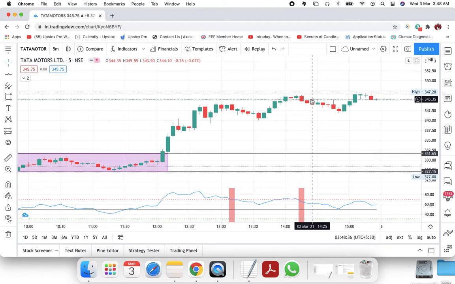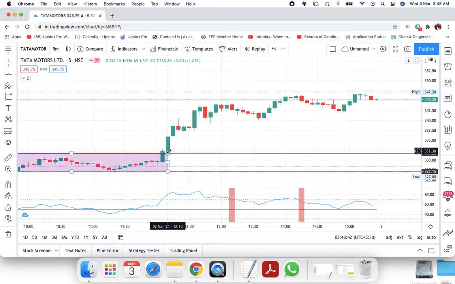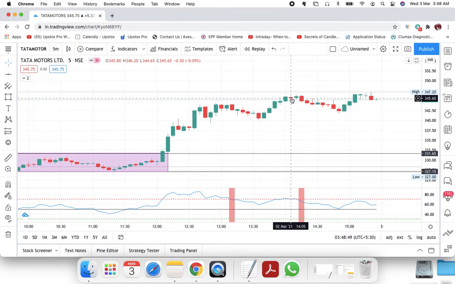It means you entered here at 332, and then you exited at 345. So almost 13 points. 13 points is a very good profit in Tata Motors.